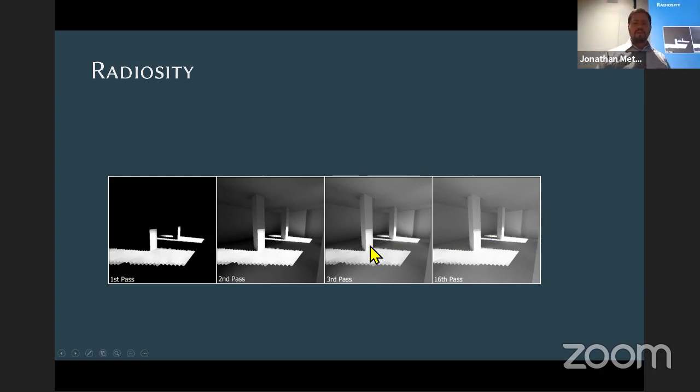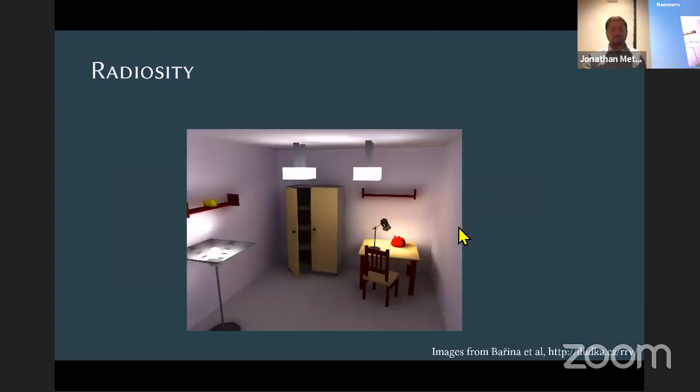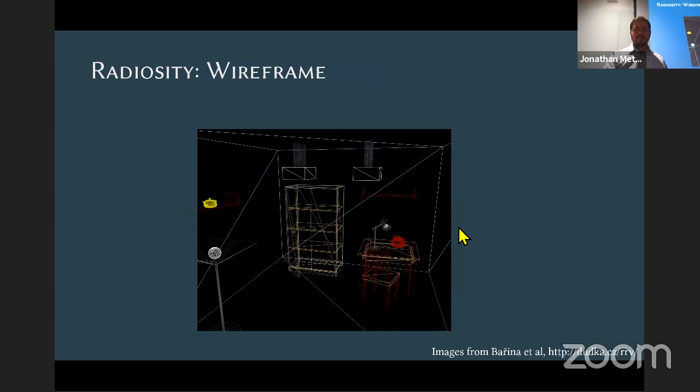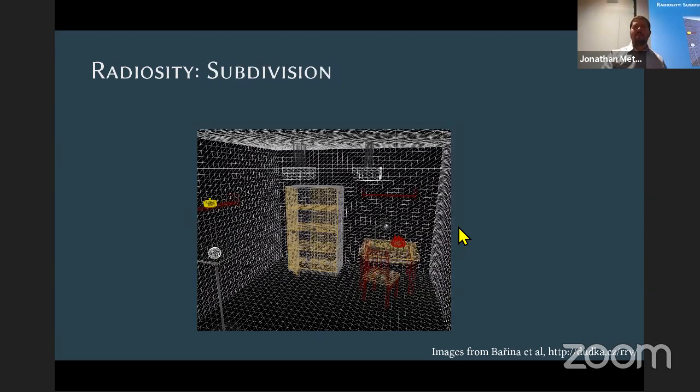You can see that if we get to the third pass, it almost looks the same, but we have a lot of darkening in some of the areas that need more scattering to get back there. That's a downside to radiosity. The way we do it, given our scene geometry and our materials, is we subdivide the geometry into small patches, and then we simulate light transport.